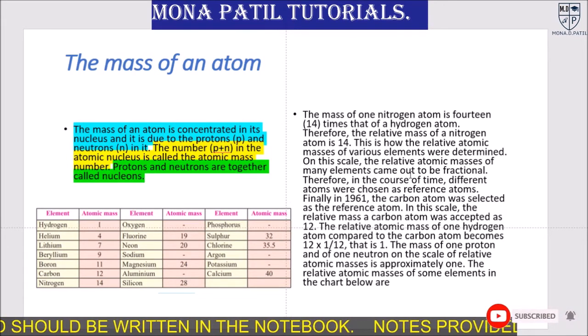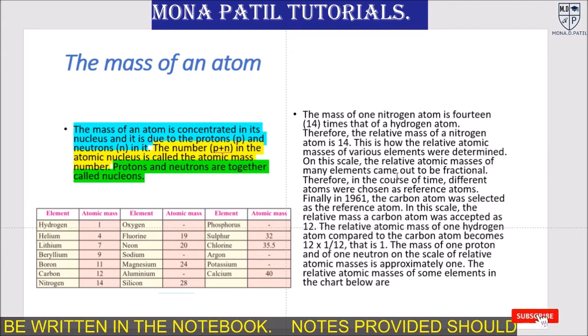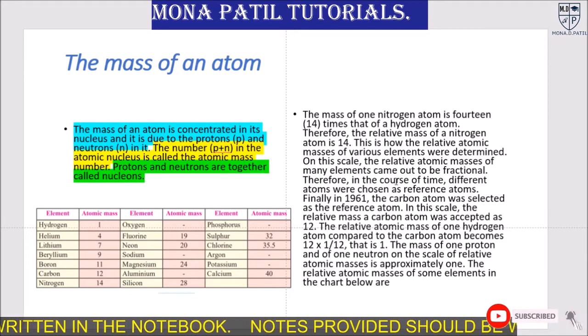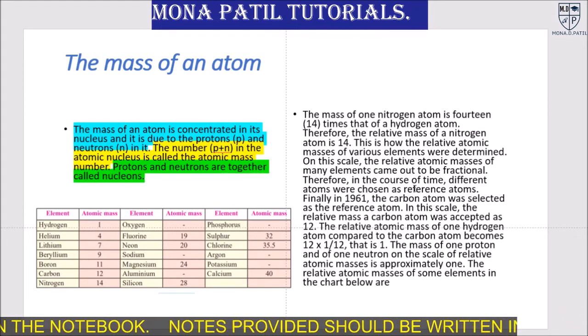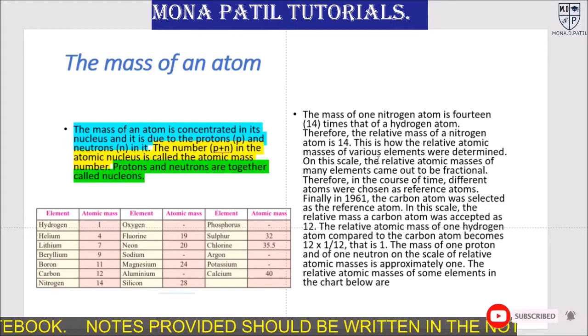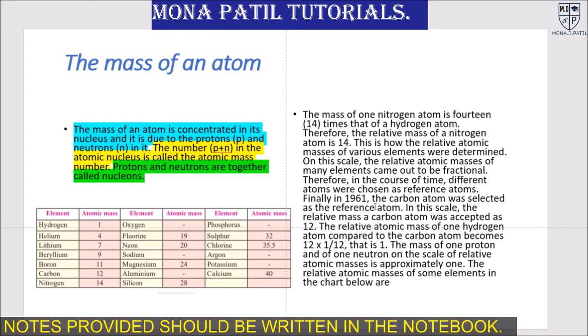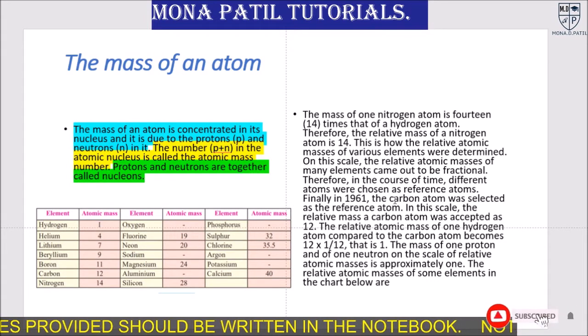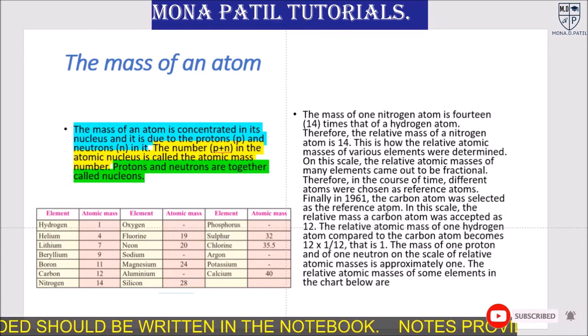The relative atomic mass of many elements came out to be fractional. Therefore, in the course of time, different atoms were chosen as reference atoms. Finally, in 1961, the carbon atom was selected as the reference atom. On this scale, the relative mass of the carbon atom was accepted as 12.